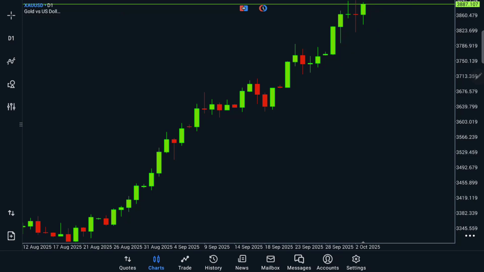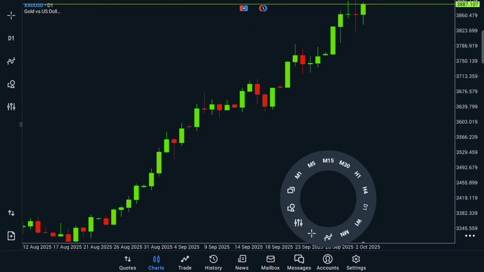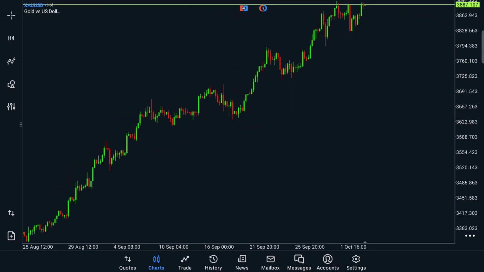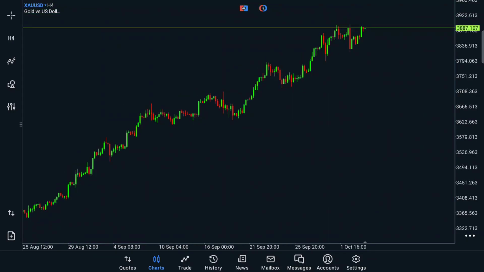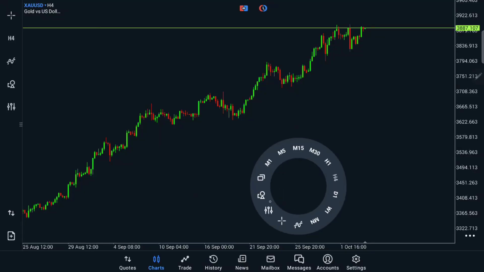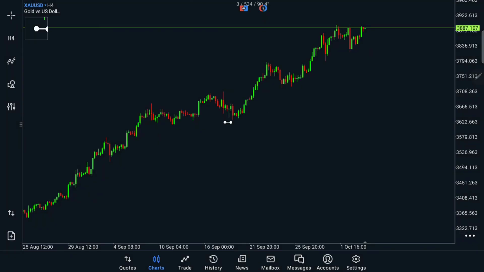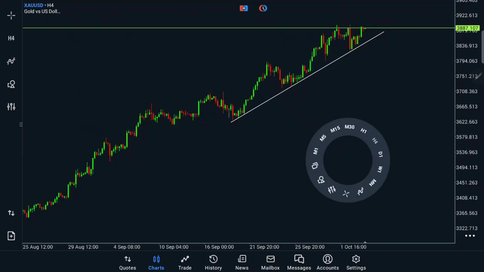Okay, and if I want to go to the H4 or H1 time frame to find a proper direction or path, as you can see there, the market is rapidly growing. That means the market is rapidly trying to go up, and there is the trend line for H4.